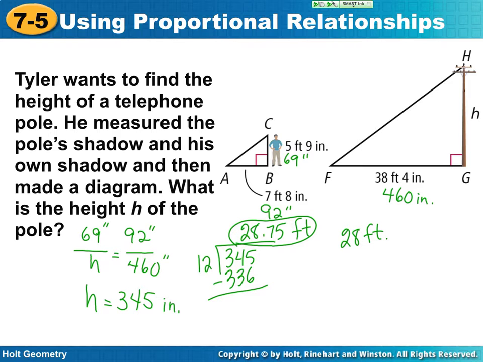So when we subtract that from the 345, wasn't that 9? So we have 9 extra inches. You could also take 0.75, the decimal part only, times 12, and that would also give you the 9.